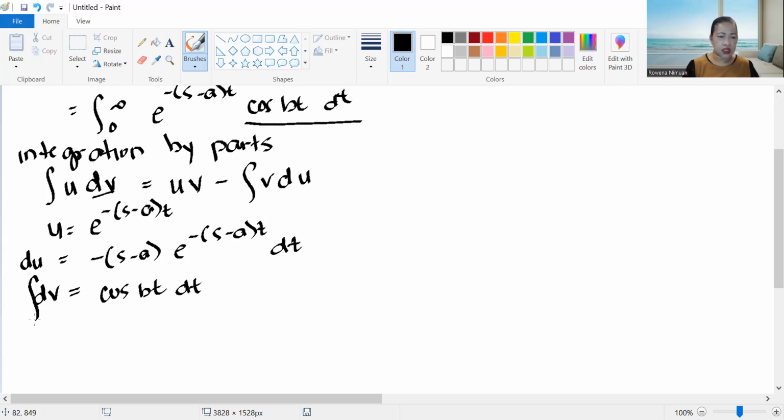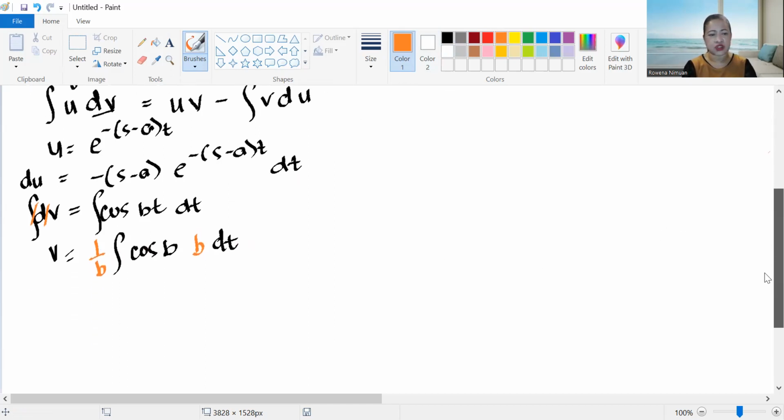If we take the integral, we can cancel the derivative and the integral, so v is the integral of cosine of bt dt. To complete the function, I have to introduce b here, so I also introduce 1 over b to complete the integration process.